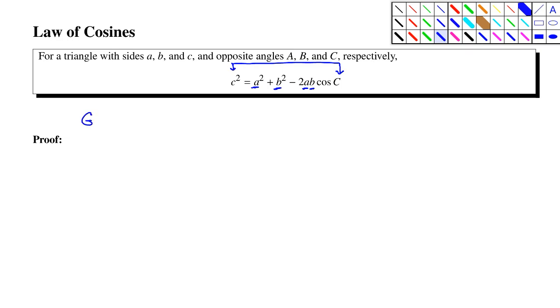So basically, suppose that you were given little a, little b, and angle C, and then we want to draw a figure and then solve for c. Suppose that you're given two sides and the included angle. How could you draw this triangle?